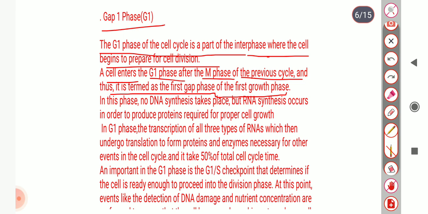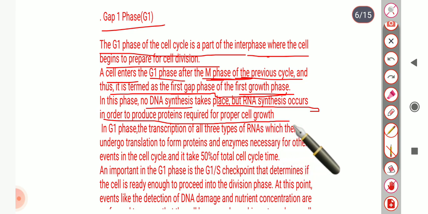G1 phase comes after M phase. The cell enters G1 phase, which is also called the first gap phase or first growth phase. In this phase, no DNA synthesis takes place, but RNA synthesis occurs in order to produce proteins required for proper cell growth.